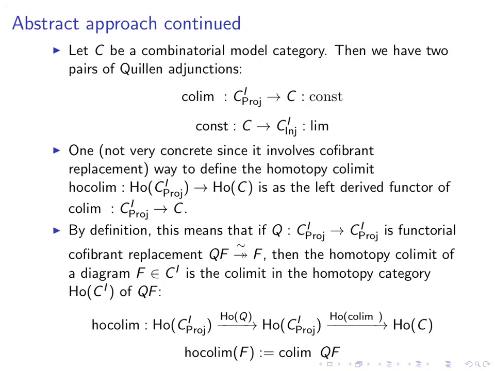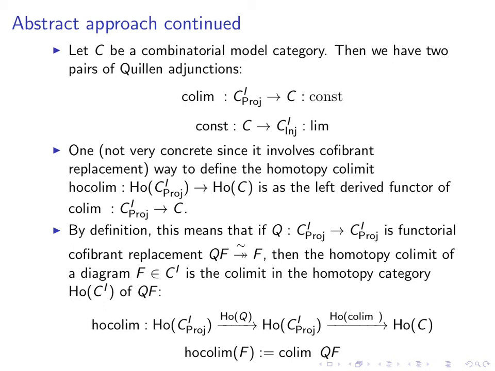So, the abstract approach continued. Suppose we have a combinatorial model category. Then we have a pair of adjunctions: the colimit and the constant functor that gives rise to the constant diagram are adjoint, and then the constant functor and the limit are also adjoint.